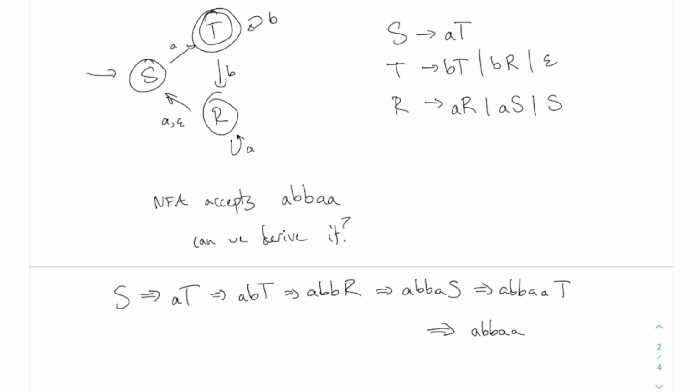Yeah? Instead of writing epsilon and T, can I write S to A? Just A? No, because then you can never get to T. Maybe R. Add an R. Oh, S goes to AT or A? Yeah, I mean, that is equivalent as a grammar.